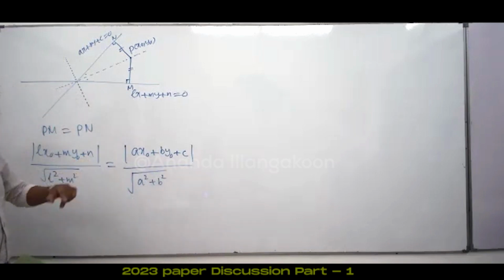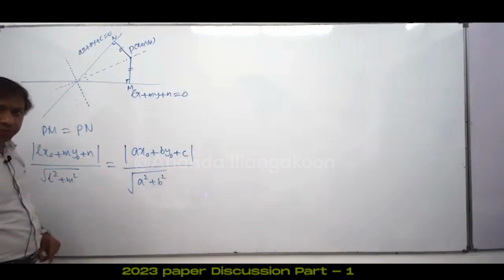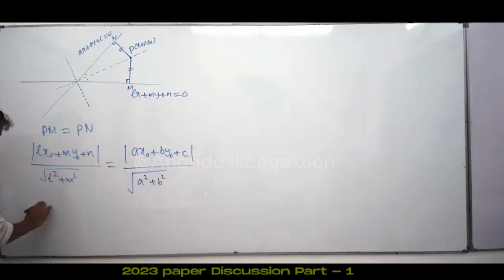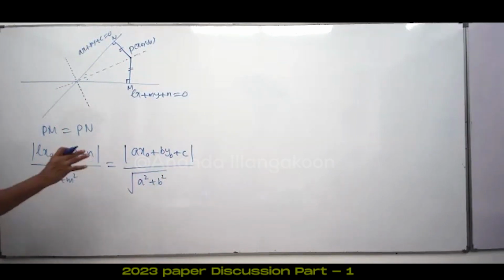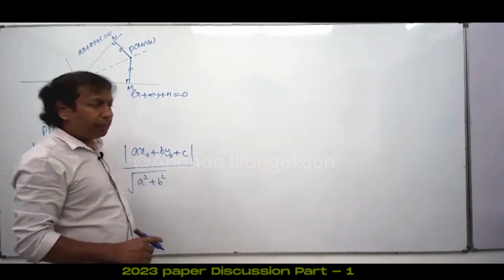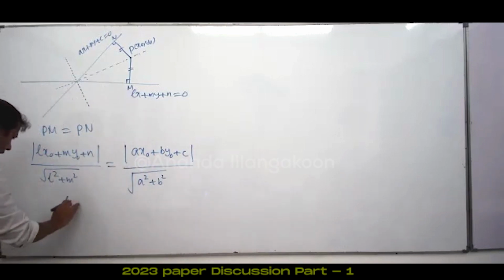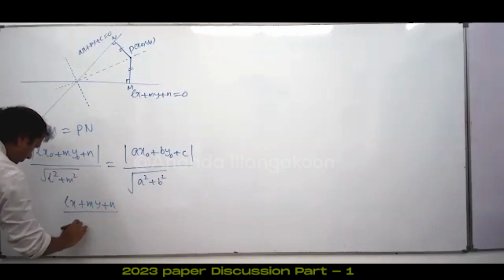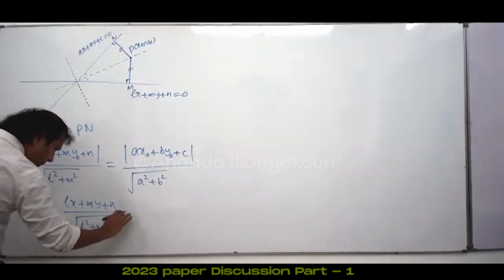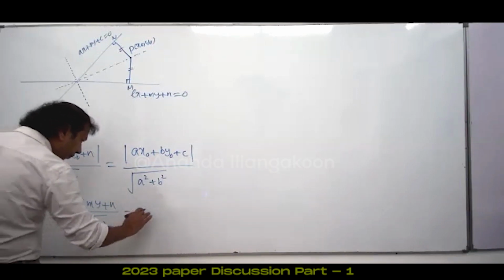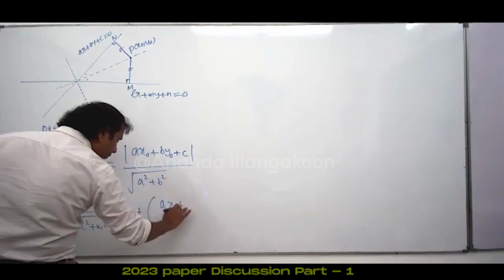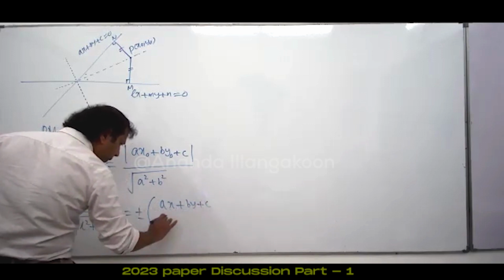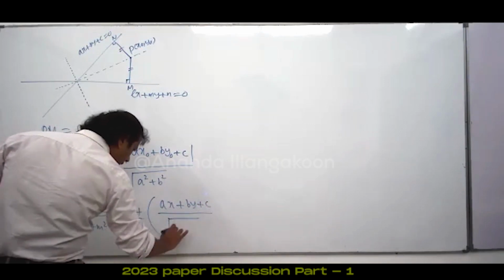Then we can eliminate modulus from both sides, and to one side we put plus or minus, right? Then finally this x0, y0 we write using x, y, okay? Then we get lx plus my plus n divided by the square root of l squared plus m squared, plus or minus ax plus by plus c divided by root of a squared plus b squared.